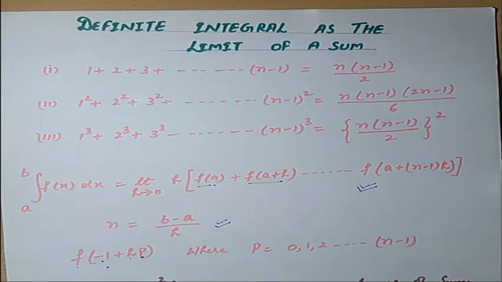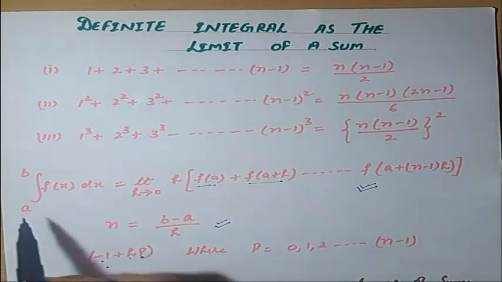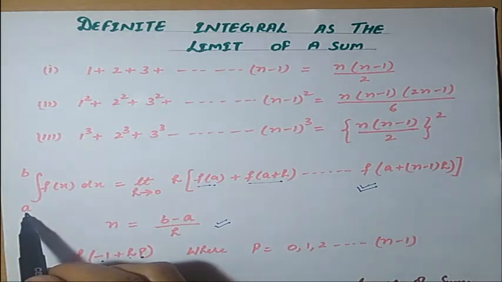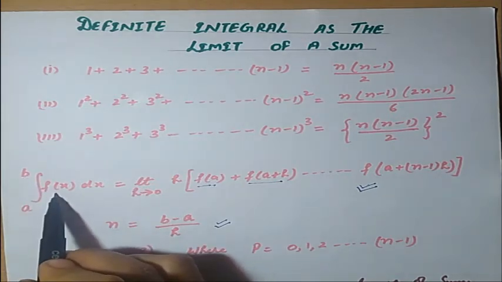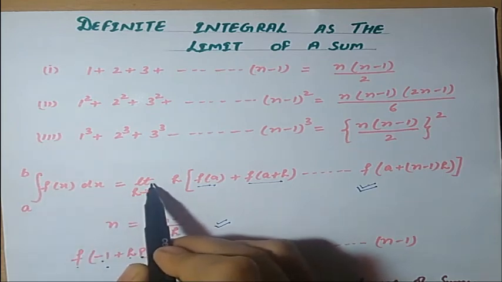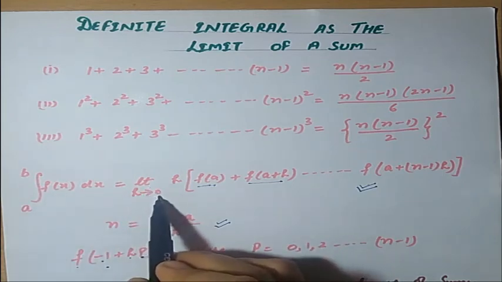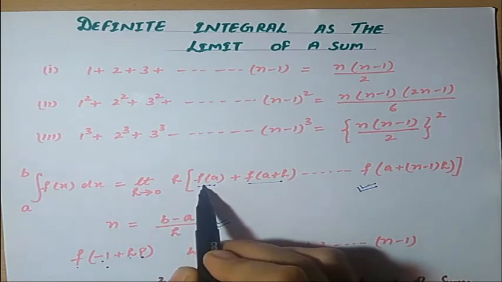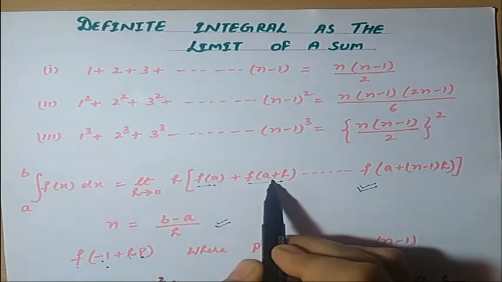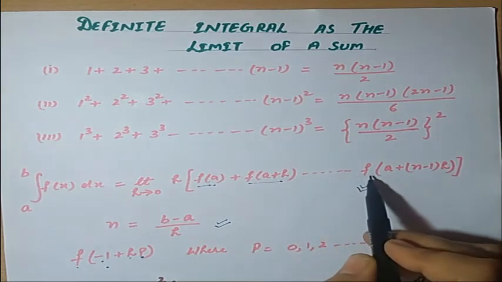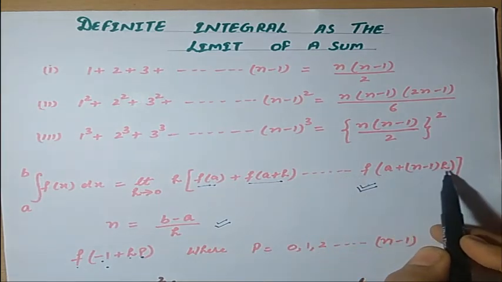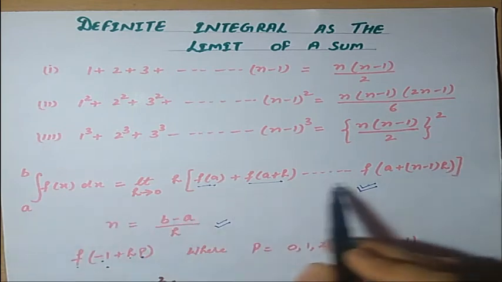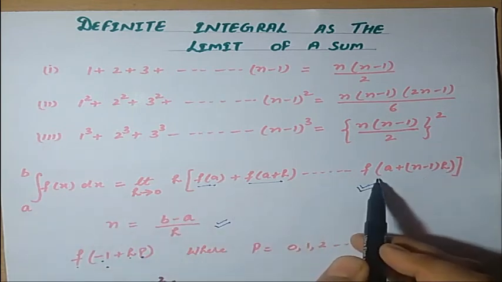Now, which formula will we use to find the limit of a sum? We will use the formula for a given function from a to b. The formula is the limit as h approaches 0 of h times the sum f(a) plus f(a plus h) and so on up to f(a plus (n minus 1)h). We break the limit into the sum series first.